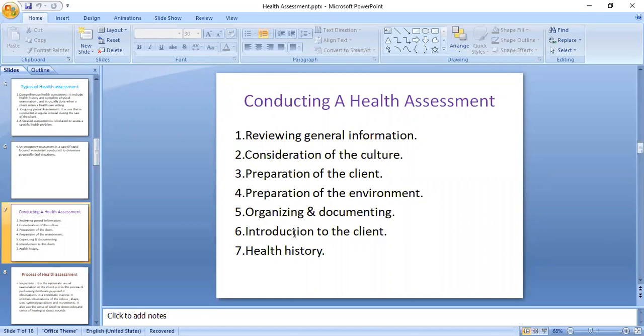Then introduction to the client. The nurse, or whoever is taking the health assessment, should introduce themselves to the client. Then health history.